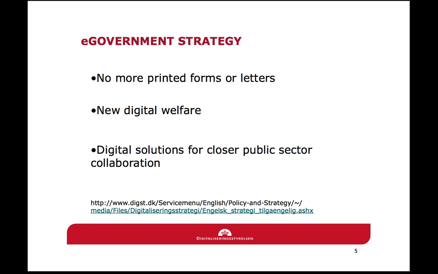It's only electronic, and in 1 year or so from now, it will be the Danish citizens that can only communicate by electronic channels. So this is a very comprehensive e-government strategy, and there's a link to it if you want to dig down and see all the different parts. And this Power of Attorney was just a little part of that strategy.